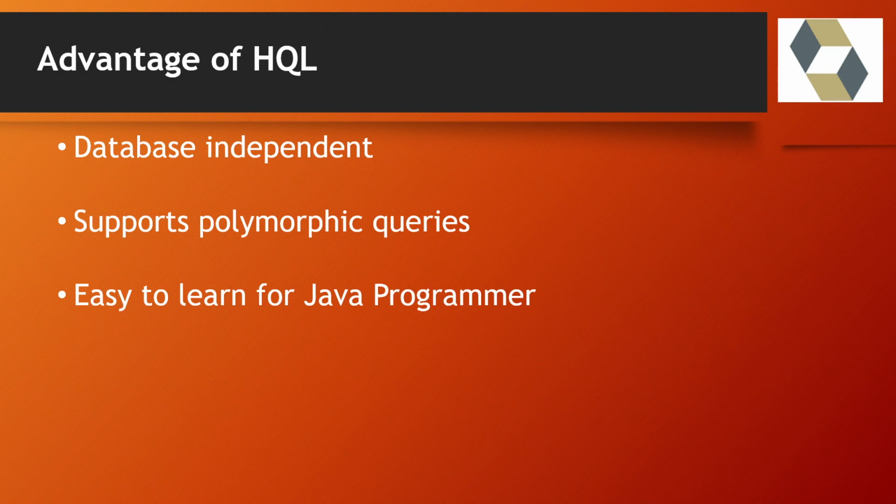So what is polymorphism? Overriding and overloading, is it not? So when there are multiple classes, we can write queries which will map to the multiple classes. So that is what is called polymorphism.